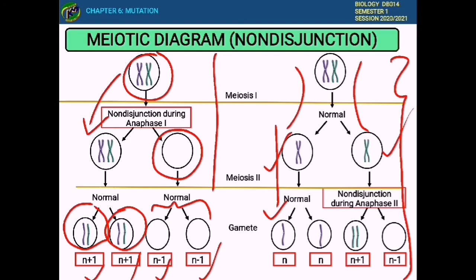So for these cells, each cell receives one chromosome, so it will have a normal gamete. But for this one, during meiosis 2, or specifically during anaphase 2, only these cells receive 2 chromosomes. So it becomes n plus 1. But these cells receive no chromosome, so it becomes n minus 1.